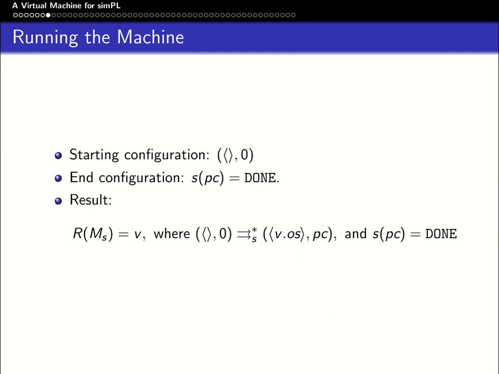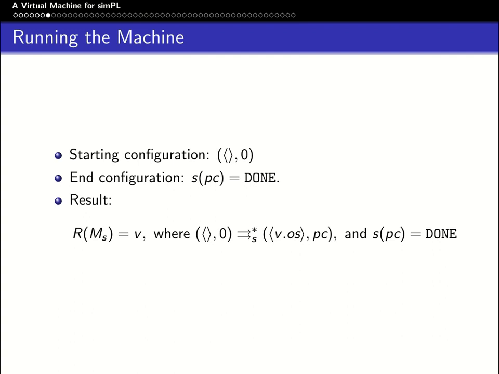So we're saying that the result of the machine is V if, starting from the initial configuration, the double arrow star, which represents the reflexive and transitive closure of the transition relation of the machine, reaches it.